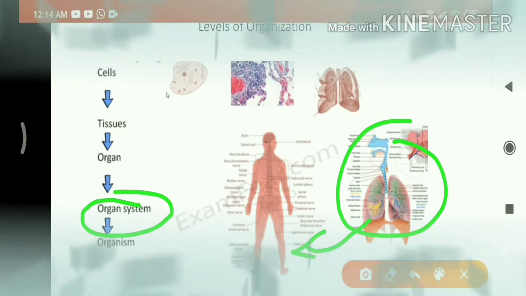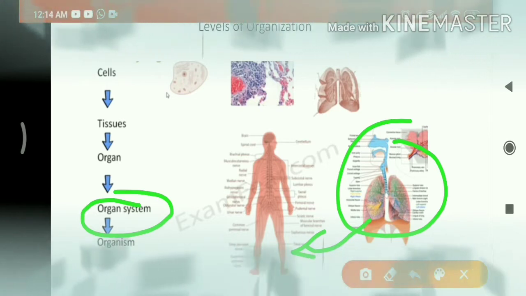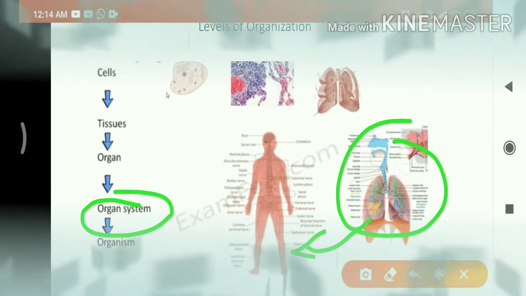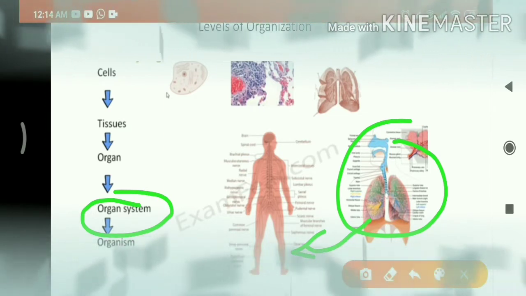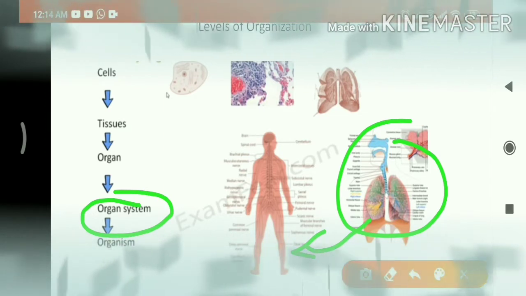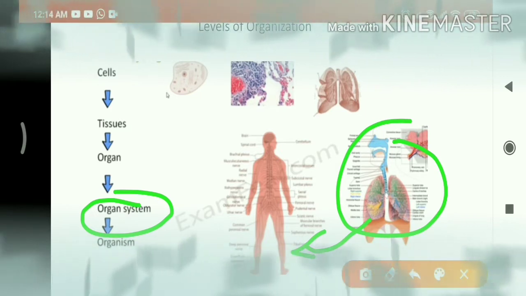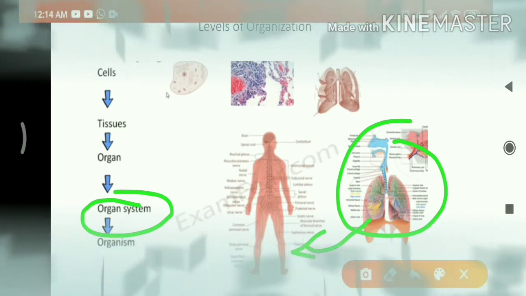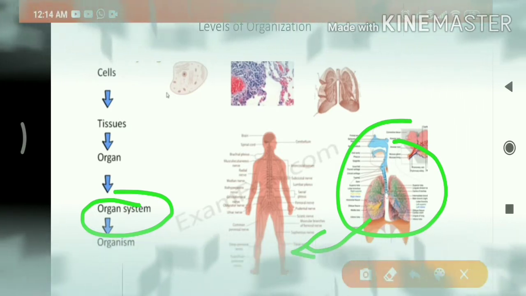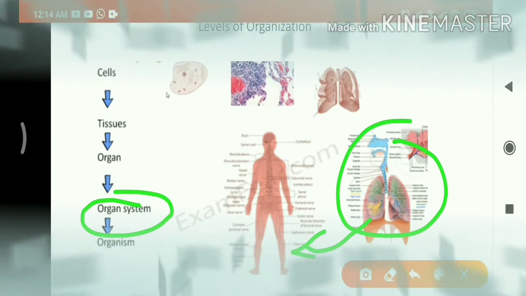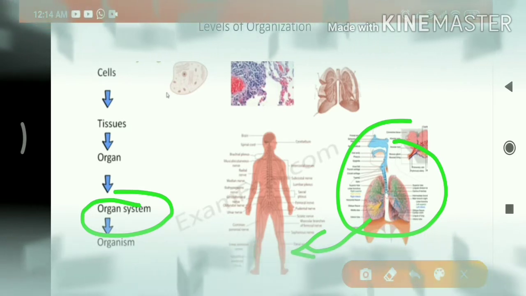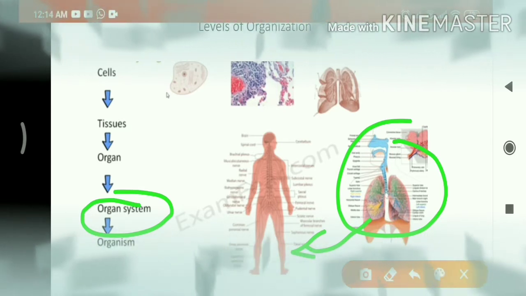There are so many different types of systems in your body to perform particular functions. Nervous system is for control and coordination, right? Circulatory system is for circulation of blood to transport minerals to every cell, right? Digestive system is to digest the food and give nutrition to your body, right?